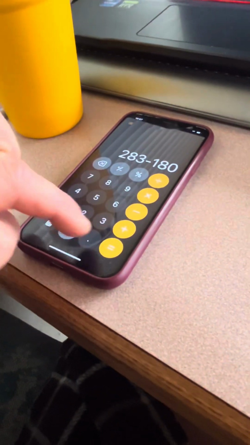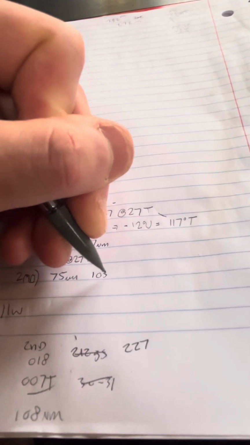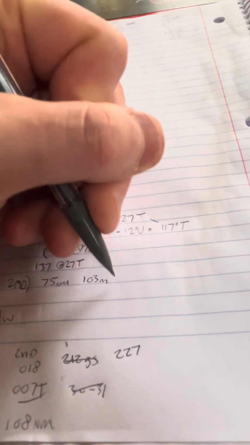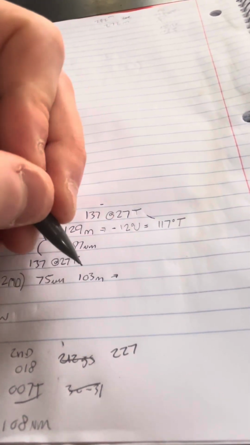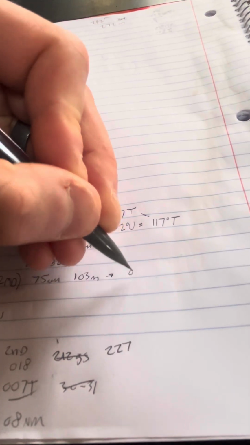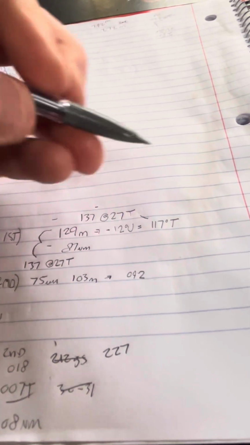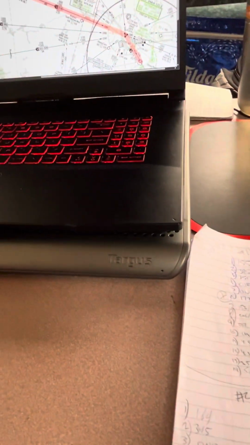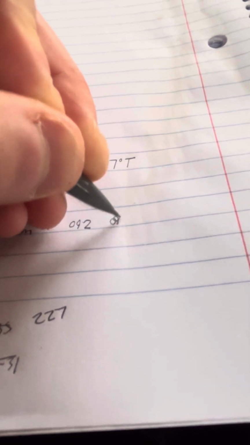So we'll take 283 minus 180 to give us our reciprocal heading. So it's 103 magnetic. We'll take that to turn it into true. Again, we'll minus our 12, which gives us 091. Sorry, math is not my strong point.